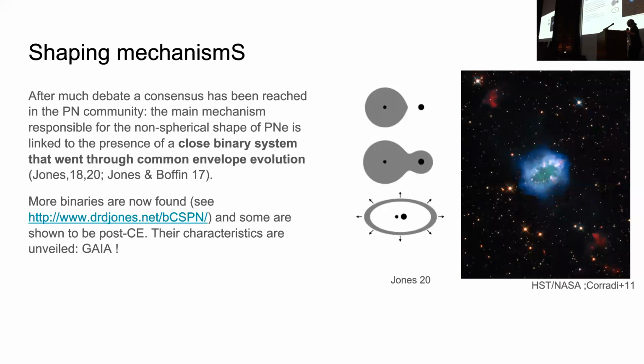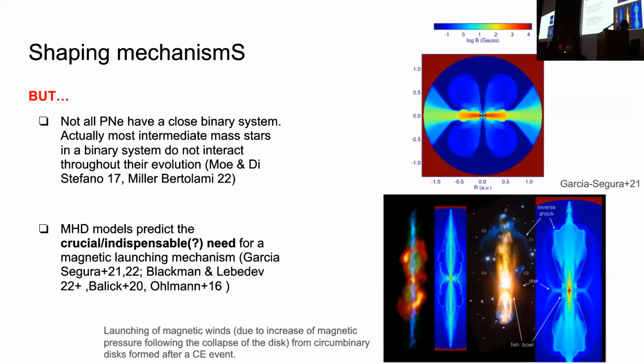of nitrogen II knots. So if you think that, okay, we made it, we finally solved one problem in the planetary nebulae field, of course not. There have been some voices raising concerns. Basically, Moe and Di Stefano in 2017, and more recently, Miller Bertolami in 2022, say, wait a minute, not all PN are in close binary systems.